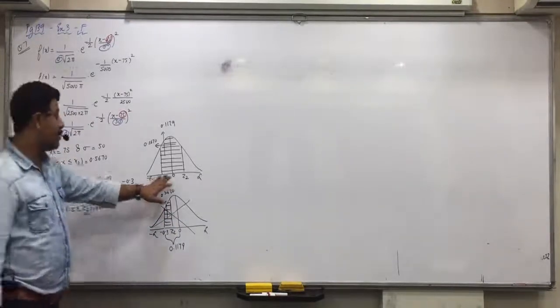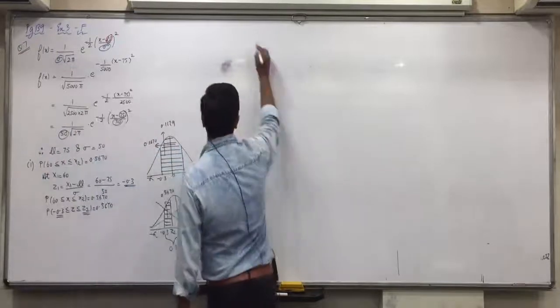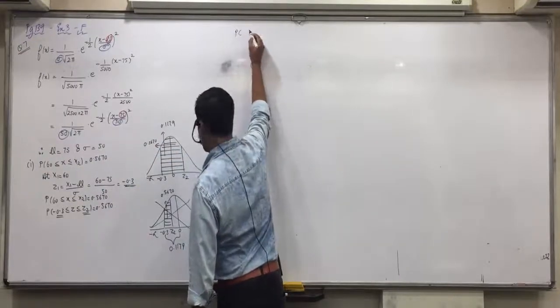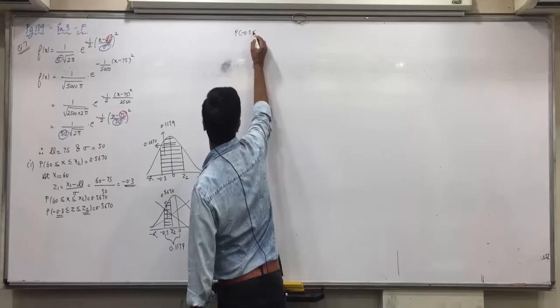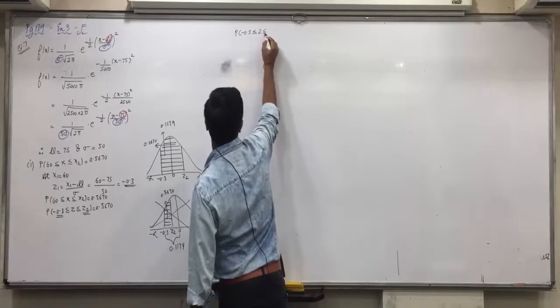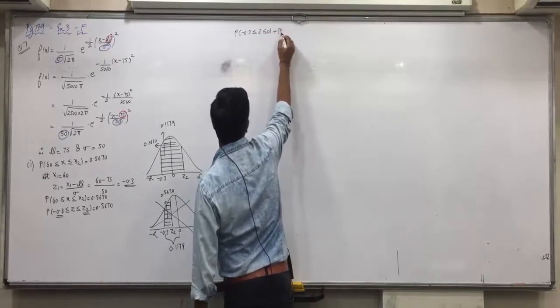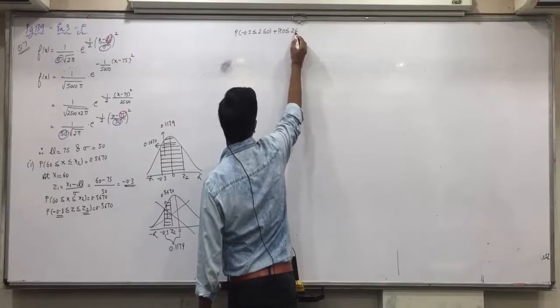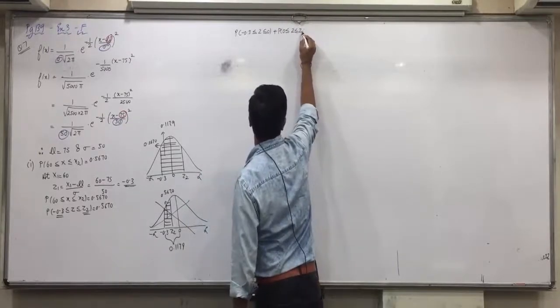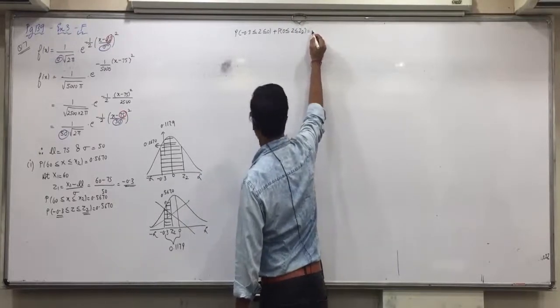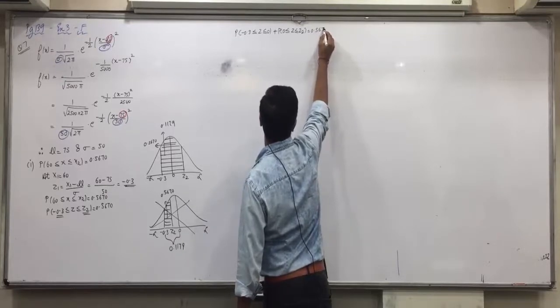And in the first diagram, shading on two sides means it's the sum of minus 0.3 less than z less than 0 plus 0 less than z less than z2, that is 0.5670.